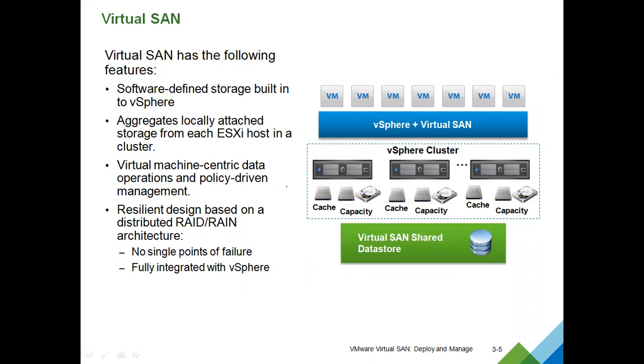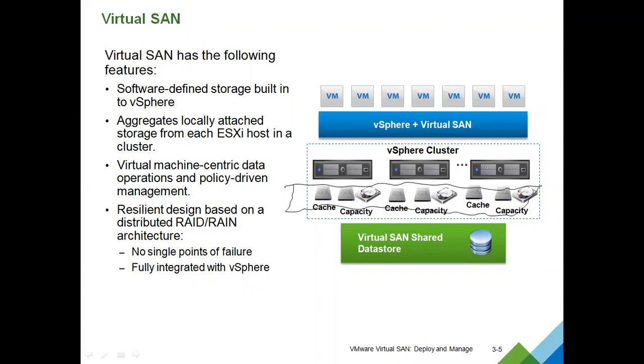It's going to merge all these disks and present them as a single virtual SAN shared data store. So the very first thing we need to keep in mind is that the VSAN data store is always a single data store.